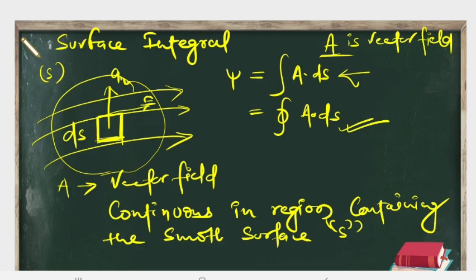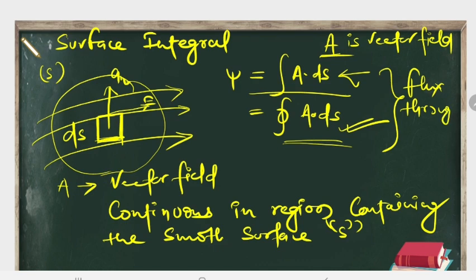Or we can also say the flux through the area is given as psi equal to the integral of A dot ds, or psi equal to the closed integral of A dot ds. So this is the flux through the vector field A. Then we have the volume integral.